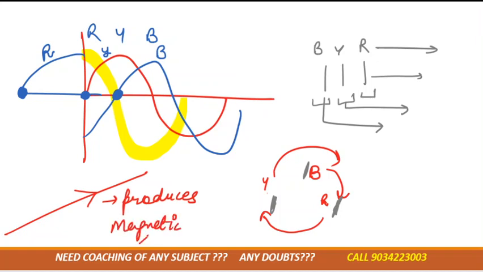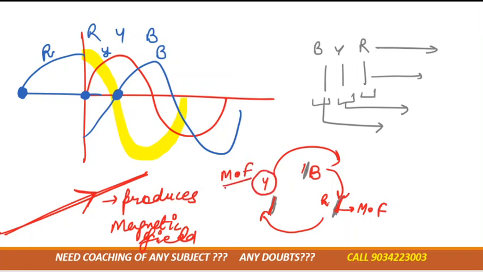You have studied that a current-carrying wire always produces a magnetic field. So these R, Y and B are also wires, and they also produce a magnetic field, right? First, current will flow in the R wire, so it is producing a magnetic field. Suppose it is producing here, then the current flows in the Y wire, it is also producing a magnetic field, suppose here.